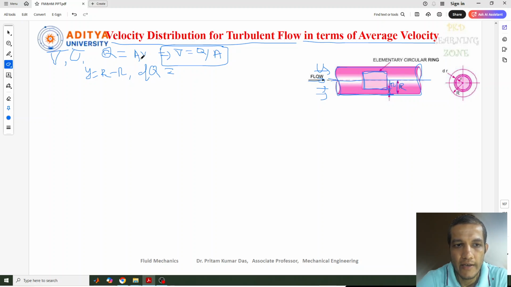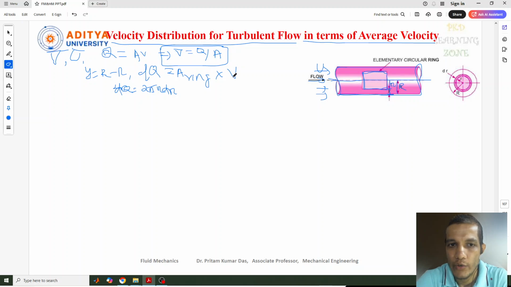The area of the ring we can write as 2 pi r dr, because it is a circular object. So dq equals 2 pi r dr into the velocity.